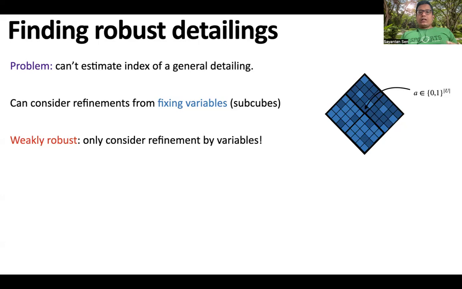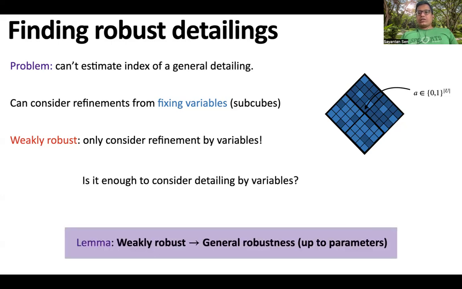We call the detailing weakly robust when we consider only refinements by fixing variables. Of course, the question comes whether these two notions are close to each other. In fact, we proved that weakly robust detailing implies general robustness up to a parameter change.